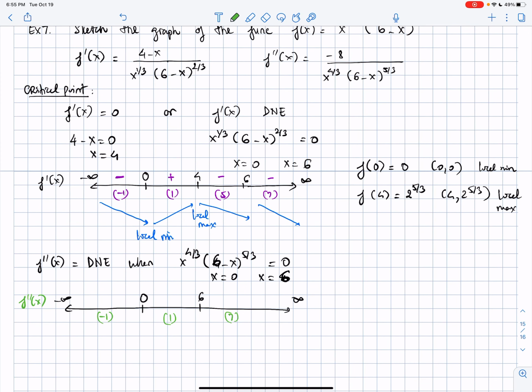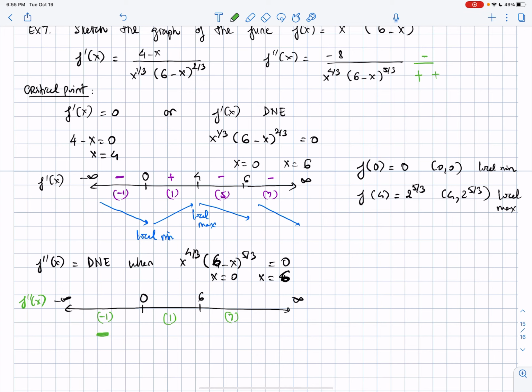We have negative 8 divided by x to the 4/3, which with negative 1 is positive anyway. And 6 minus negative 1 turns positive. So the final answer will be negative right here.